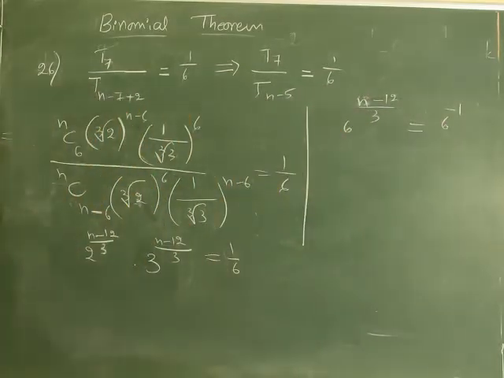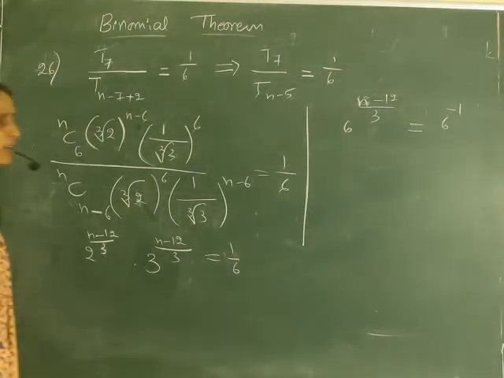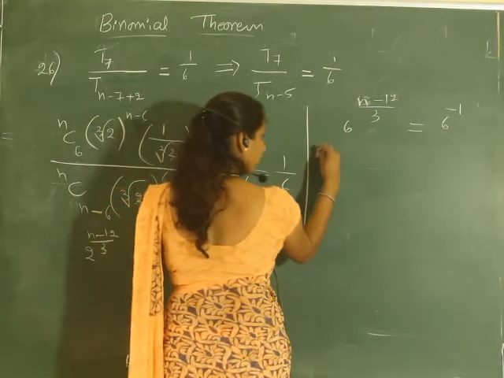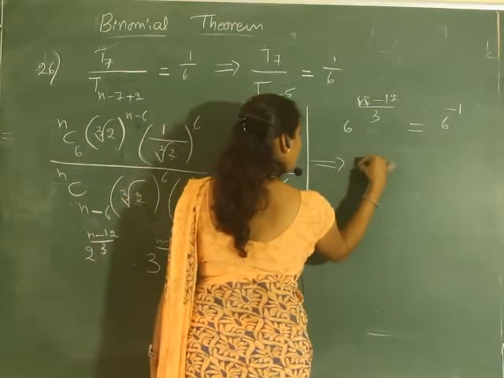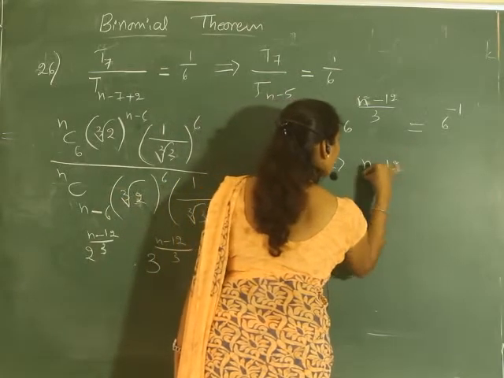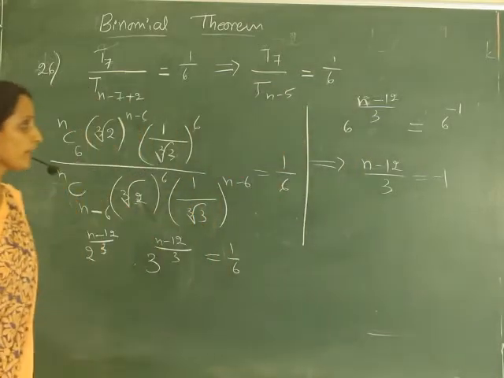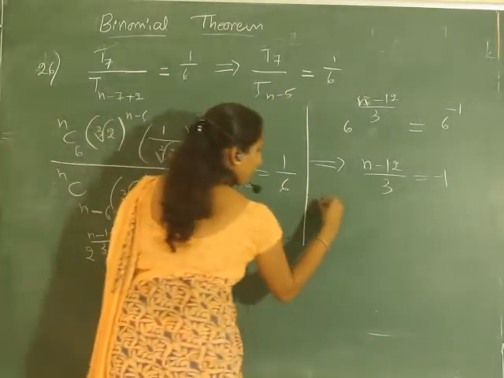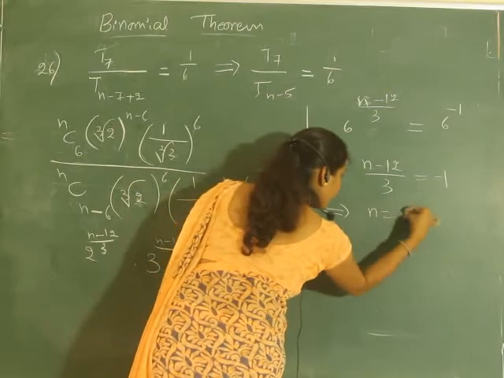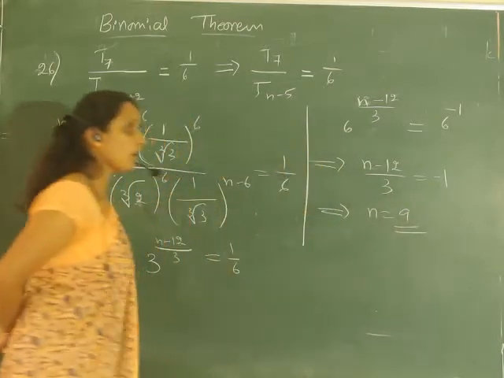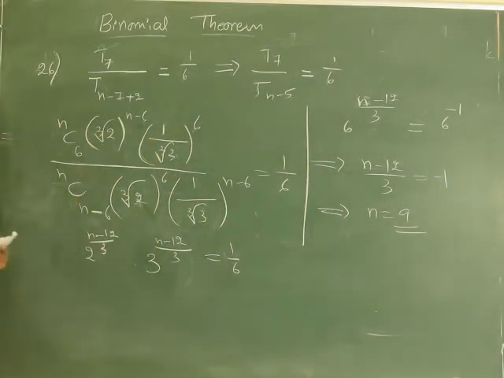We can compare the index. So this implies (n minus 12) by 3 is equal to minus 1. So we get n is equal to 9. That is option B. So the 26th answer is option B, 9.